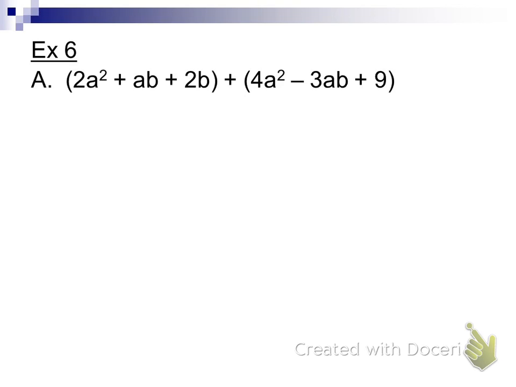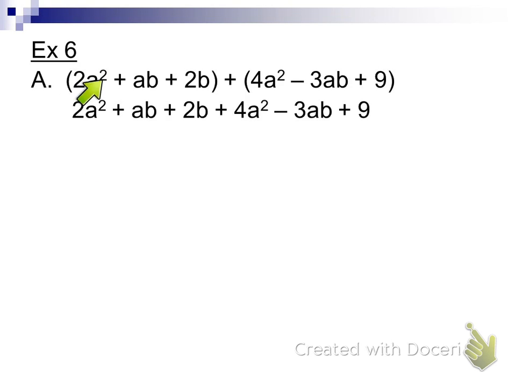And we typically write these in descending order of exponents. Okay, so I'm going to write the A squareds first. So what's 2a squared plus 4a squared? Yes? 6a squared. Good. Then we want the ABs.